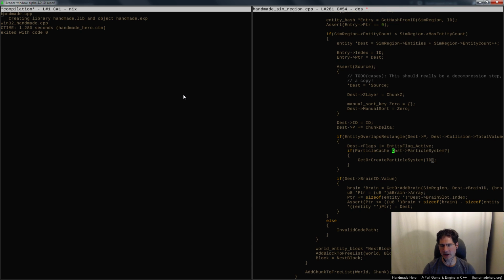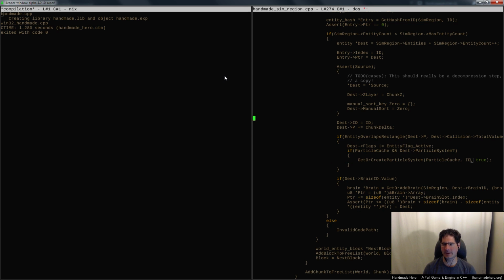So we have a particle cache, and if this is the thing that wants a particle system, then we would ask the particle cache to get one for us, right? I guess I could just say get particle system, but no, I'll do get or create. And I'll pass a true value there that says I want to create it, in case we want to just do a test where we say, hey, do you have one here? Then off we would go, right?